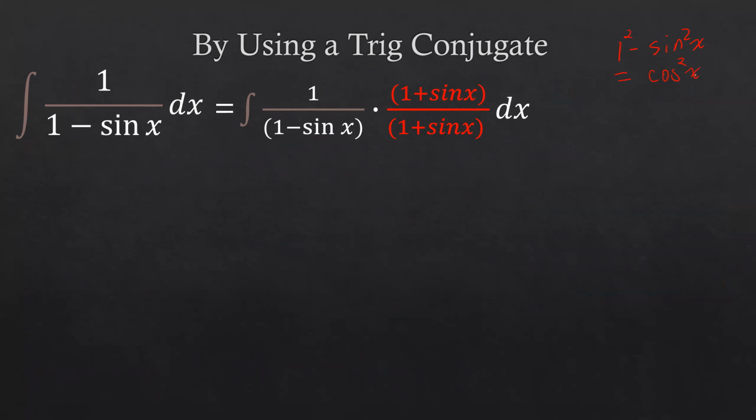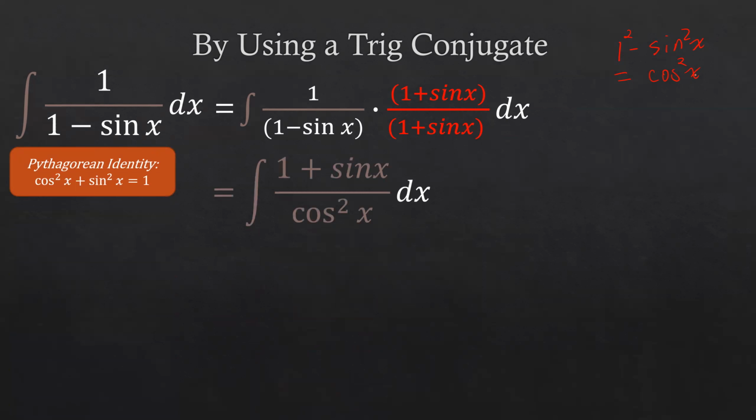That's the Pythagorean identity, right? So that then becomes 1 plus sine x on the numerator, and the denominator right here is going to become cosine squared x. And then we're going to apply the first thing that we have learned, meaning to split, right?